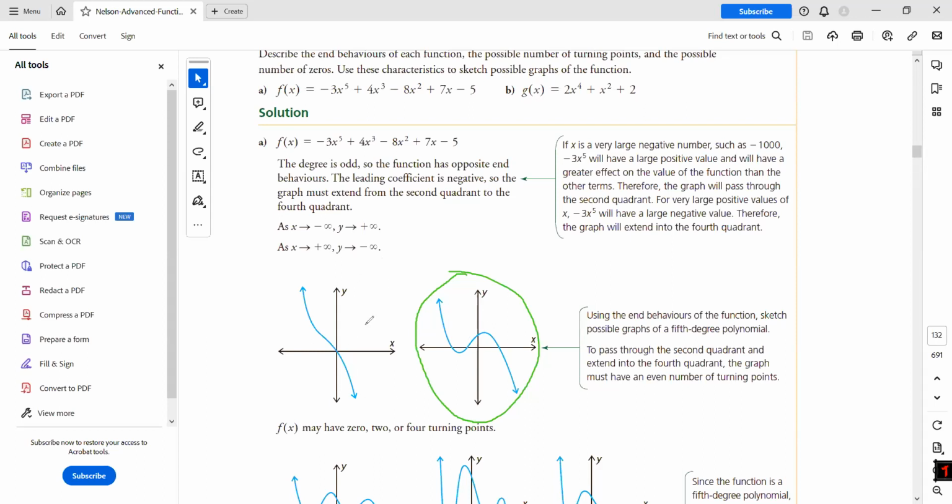Realistically, usually polynomial functions cannot have 0 turning points. I mean, they could if it's a third degree, right? Third degree can have 0 turning points.